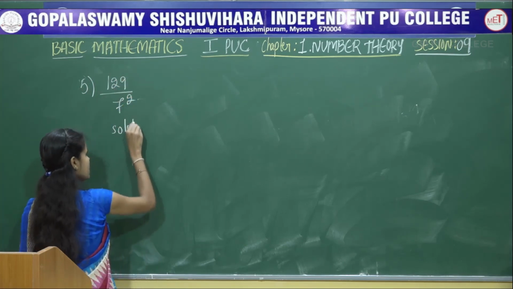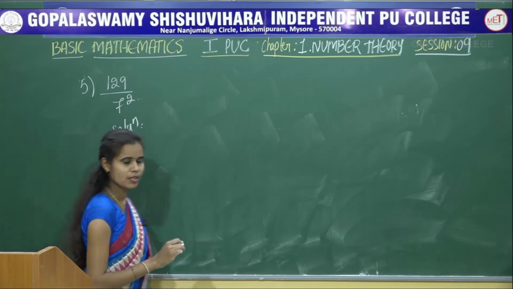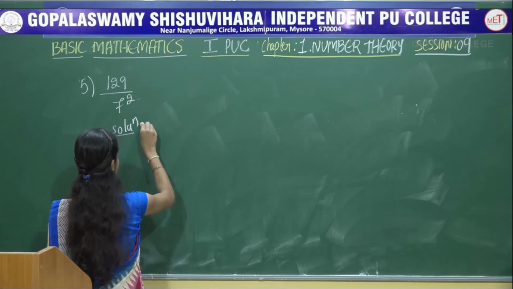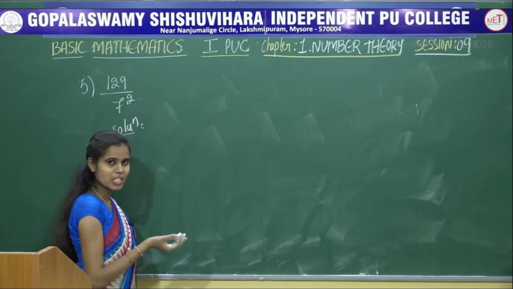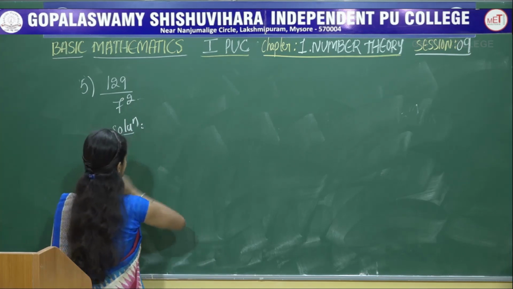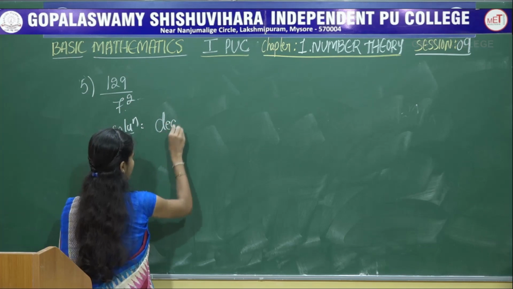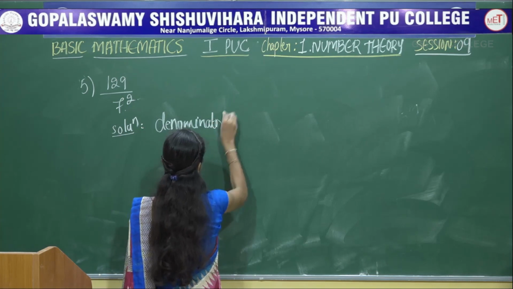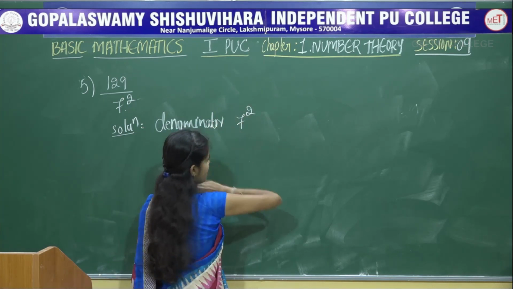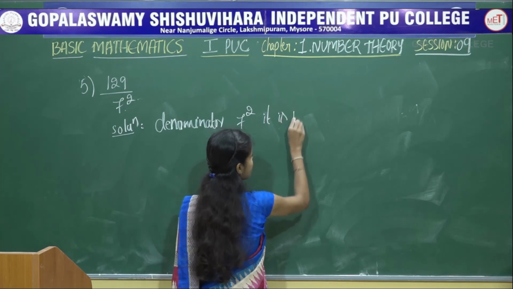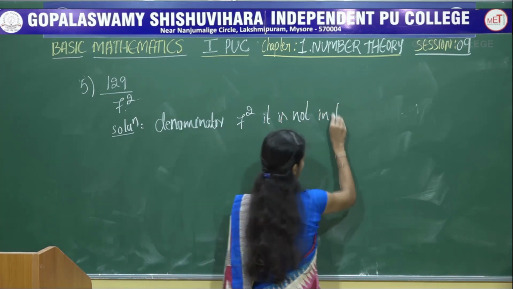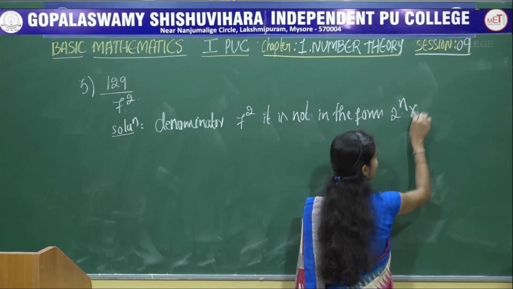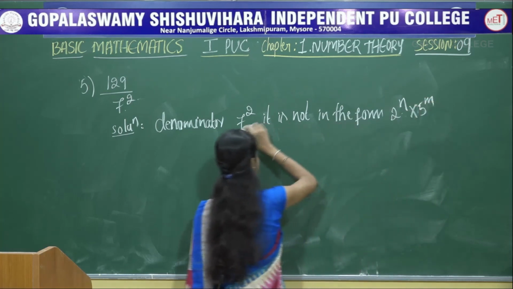Okay, verify whether the given rational number has a terminating decimal expansion or a non-terminating decimal expansion. Here observe the denominator. The denominator is 7 square.